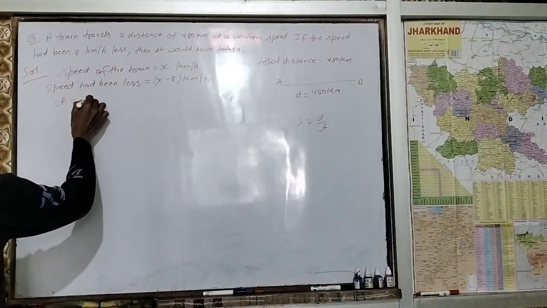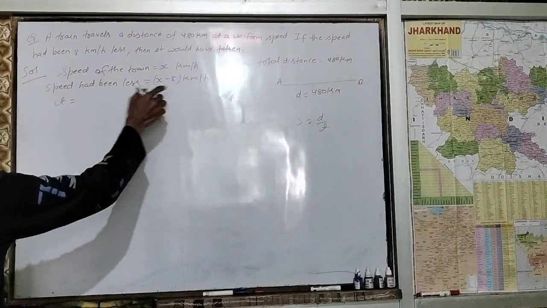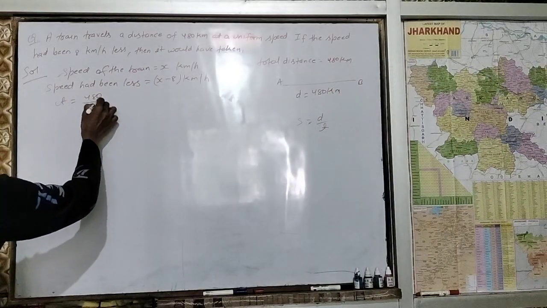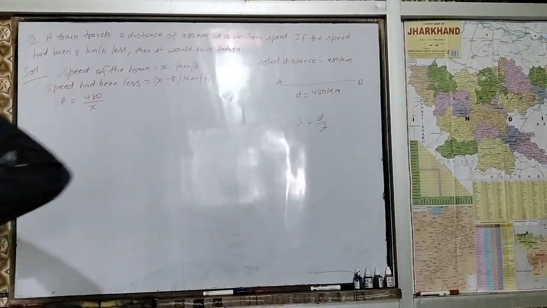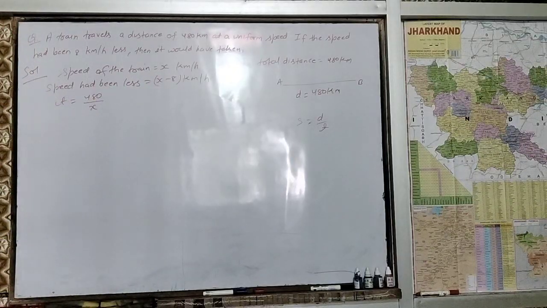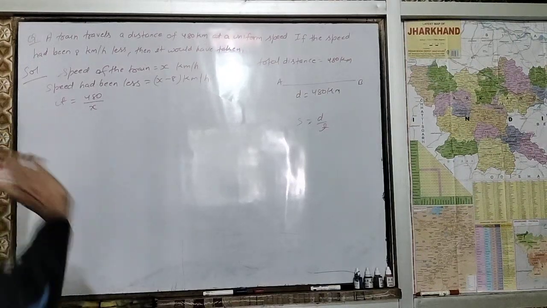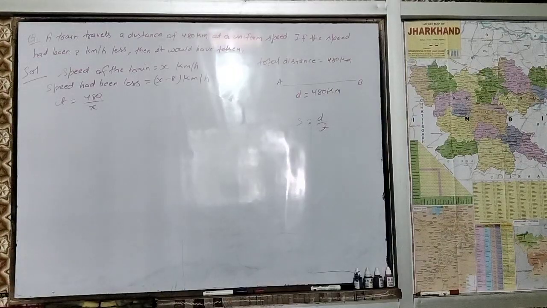Time is nothing but distance upon speed, so the time is 480 upon x.